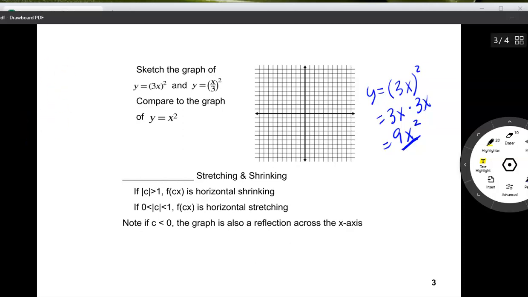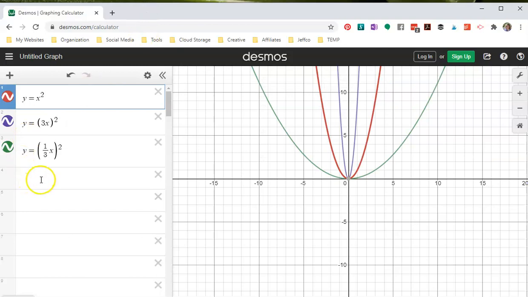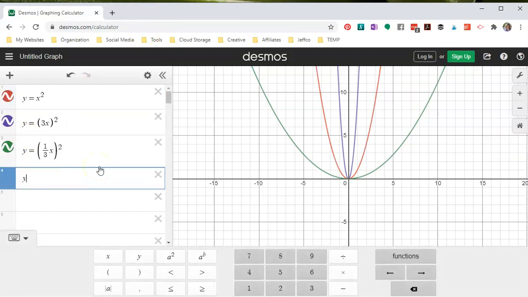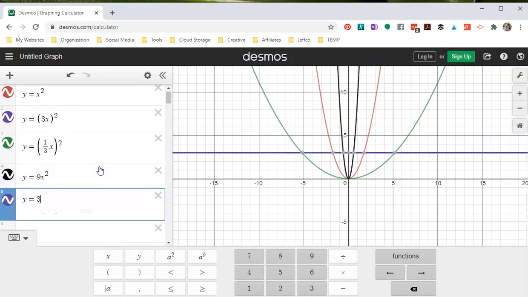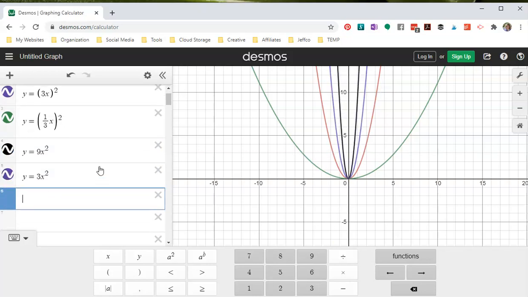Does that make sense? I'm just going to graph y equals 9x squared. And what you notice there is that purple line went away because this black one is right exactly on top of it, because when you multiply it out, it makes sense that this would be narrower than y equals 3x squared, because when we put a number that's bigger than 1 in front of the x squared, it just keeps getting narrower and narrower depending on how big that number is.